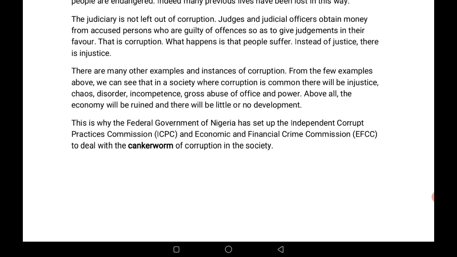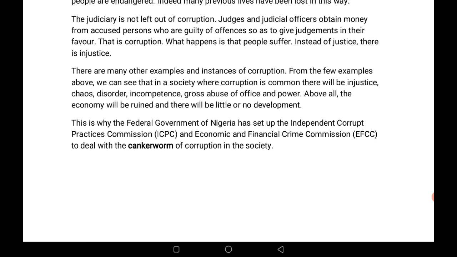And finally, the writer looked at what corruption brings about in our society. It brings about injustice, chaos, disorder, incompetence, gross abuse of office and power, and above all, it ruins the economy.